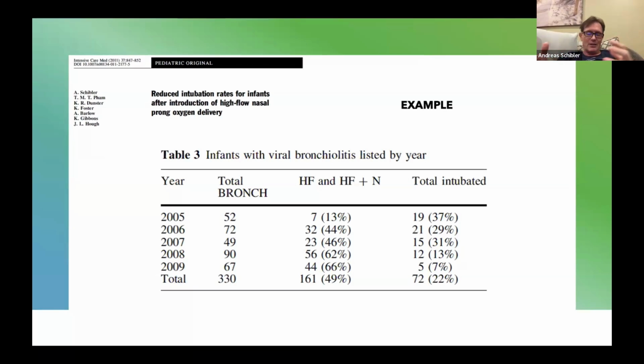I mean, we can argue around it, but you see the limitation of so-called over-time introduction of an intervention, and observation over time can cause problems in how you want to interpret the results.